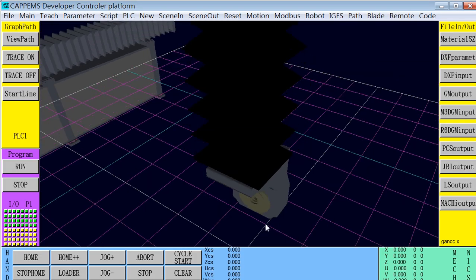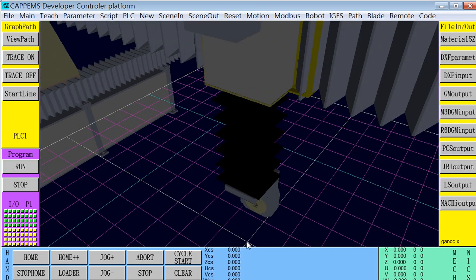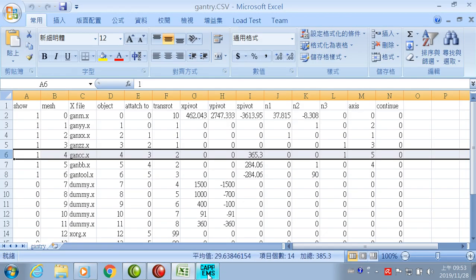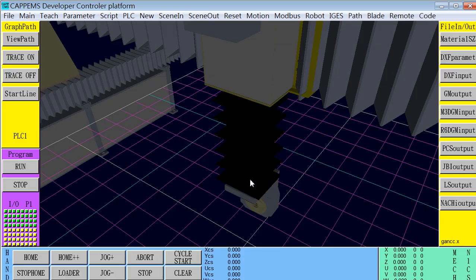That means from the original of the world coordinates up 365.3 millimeters to touch the pivot points of c-axis.